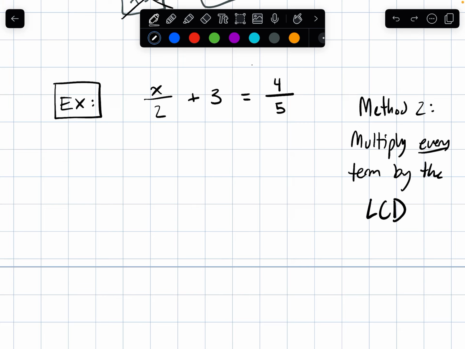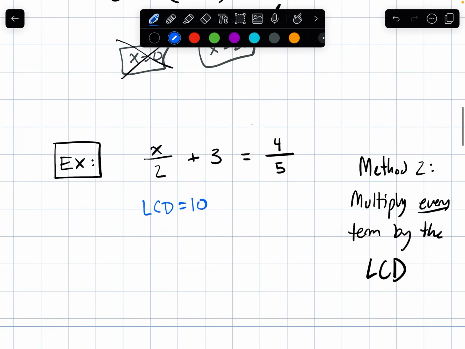So if we look at this example, which we've done before, something like this, well, I want to get the LCD to be the same, and I can see that the LCD would be 10. So I want to get all these terms multiplied by 10. So basically, I'm going to multiply this term by 10, this term by 10, and this term by 10.